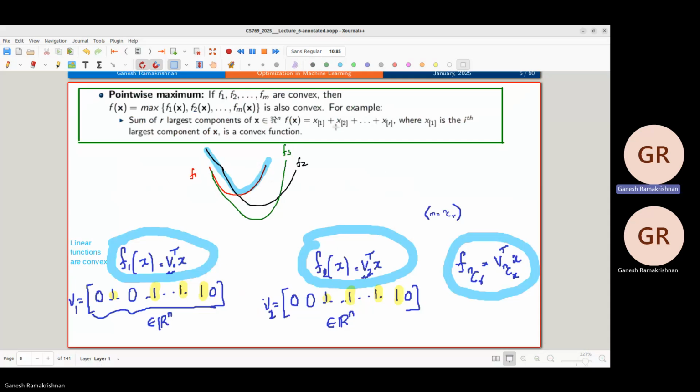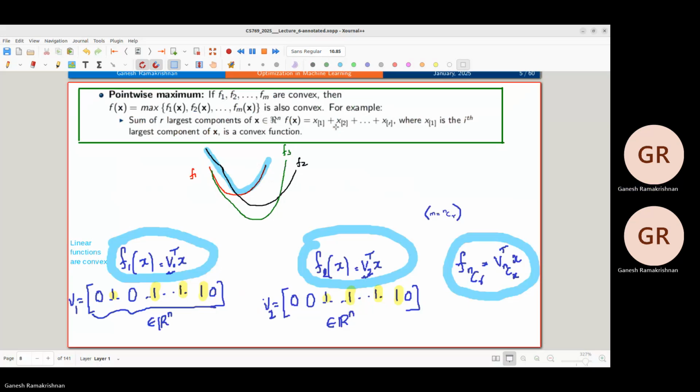And how do you do that? Imagine that each function f1 of x is v1 transpose x, where this v1 is a vector with some r components set to 1 and all the remaining components set to 0. So what is f1 capturing? F1 is capturing the sum of some r random components of x.